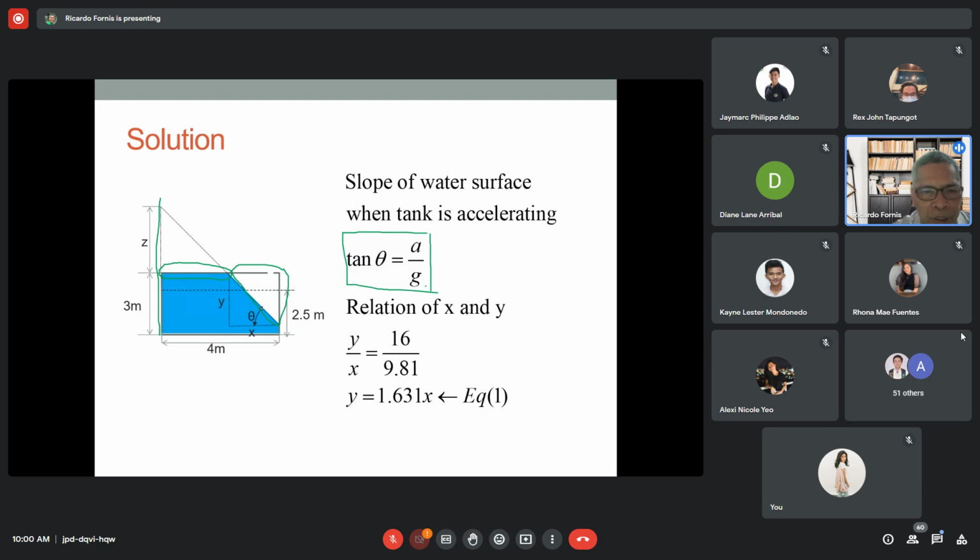The tangent of theta would be equal to y over x, but the tangent of theta is also a over g, where a is the acceleration and g is the acceleration due to gravity. Meaning, y in relation to x is 1.631x. We call it equation 1.